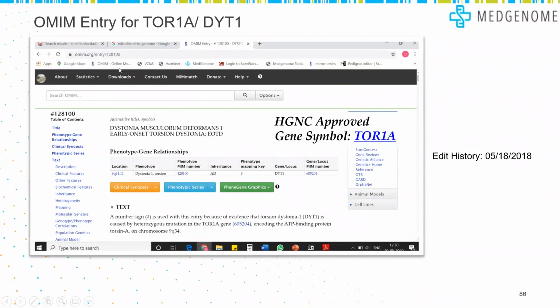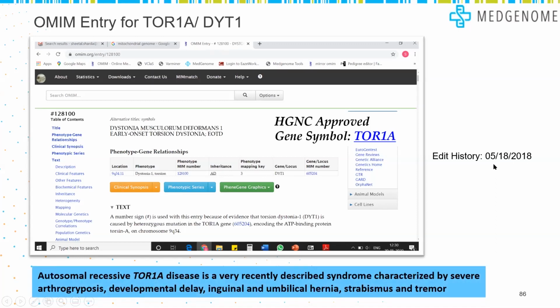And when we had the OMIM entry, you can see that it is still reported as autosomal dominant. They have still not mentioned an autosomal recessive form till date. And it causes what is known as dystonia musculorum deformans type 1. And you can see the edit history. It is May 2018. So we have to search literature more.